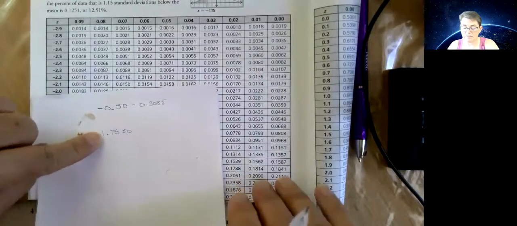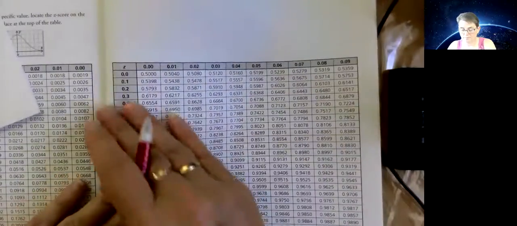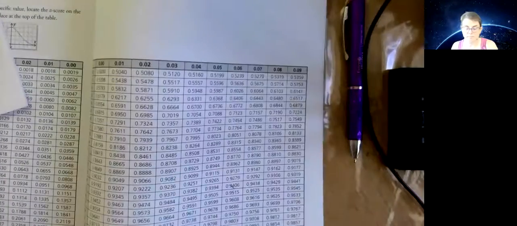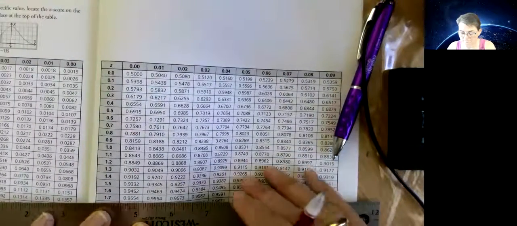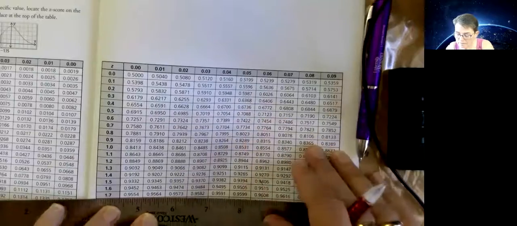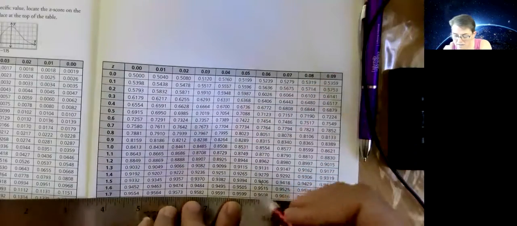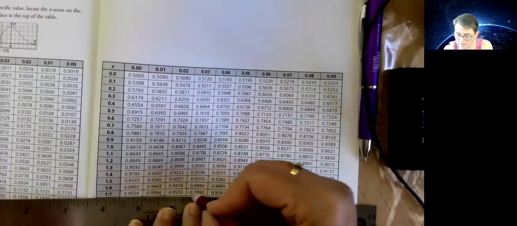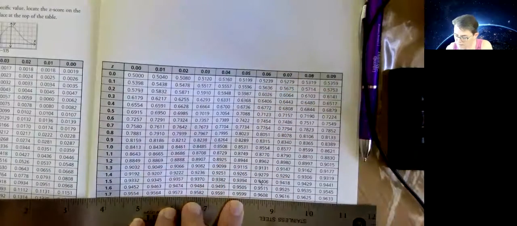Now I need 1.75, and that's positive, so I need the next page. So 1.7, and then we go over until we hit the 5. So 1.7, this row, and this column.